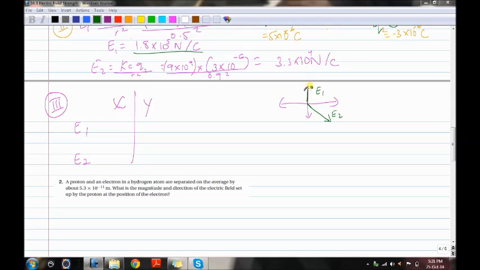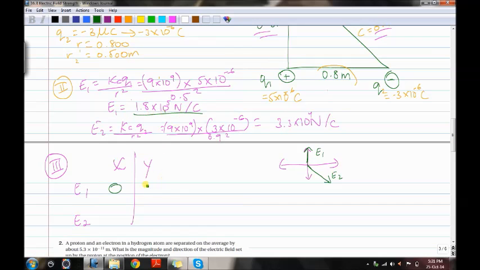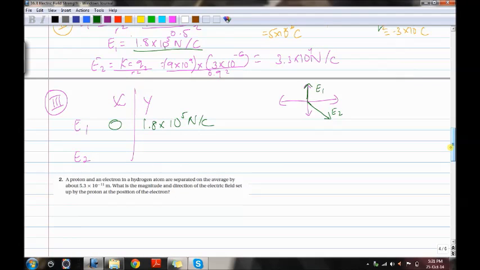One would be here, and the E2 would be here. So now let's find the X and Y components for both E1 and E2. So for the X for E1 would be 0, and for the Y it would be 1.8 times 10 to the power of 5 Newton per coulomb. Now for the E2, because it has both the X and Y components, we're going to use sine and cosine.